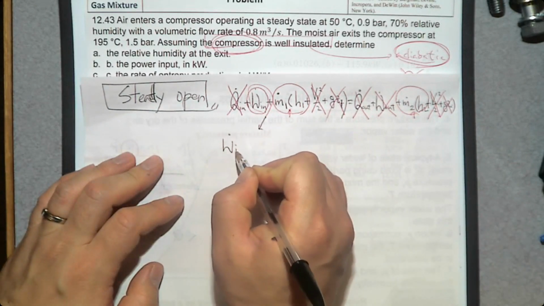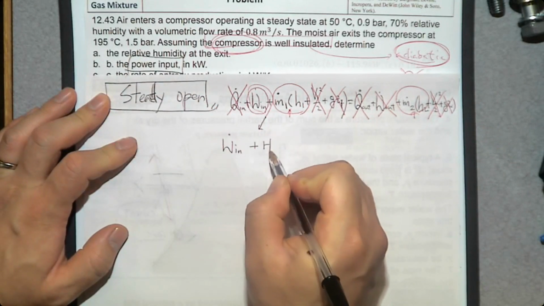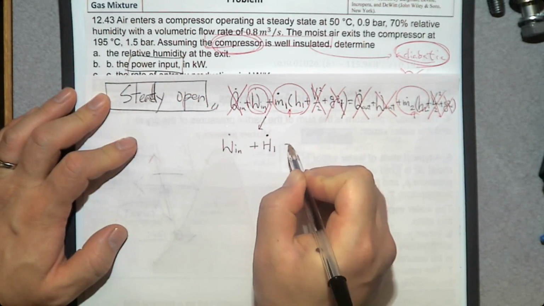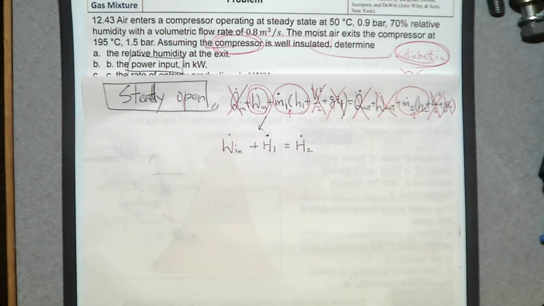W dot in, which is this power input, plus H dot 1 is H dot 2. So that's the energy balance equation for this adiabatic compressor. Any questions up to here? There's no new thermodynamics. It's just chapter 4 in EGR456.